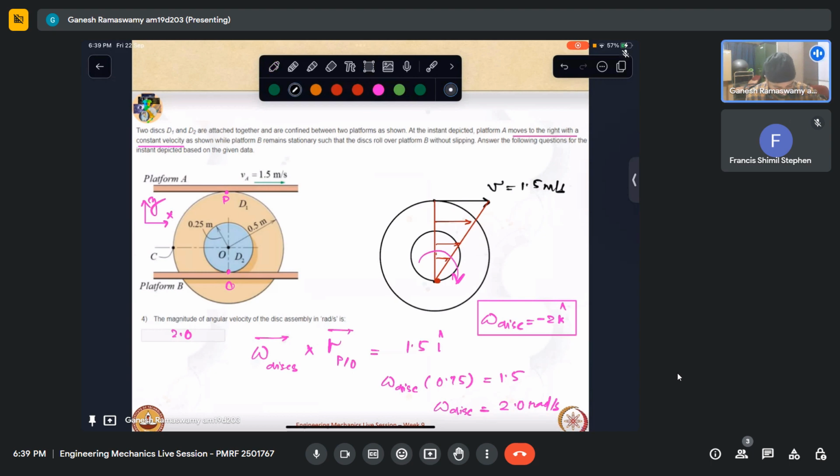I shouldn't have named this O. Let me call this O prime. O is the center of the disk. It is actually rolling without slipping over this point. O prime is not slipping. O prime is the ICR.